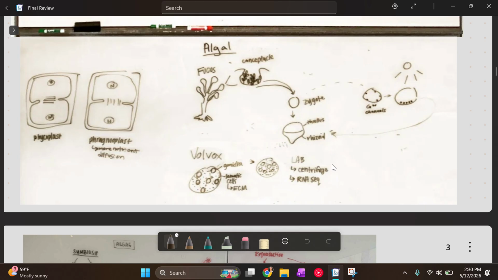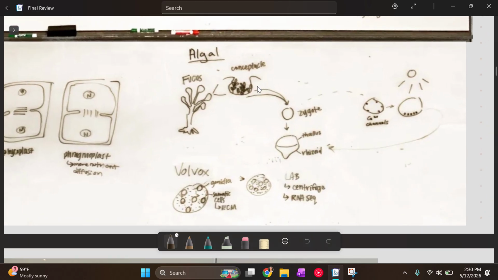You should know, like with Fucus, how the zygote develops. From the zygote you get asymmetric division into the thallus and rhizoid. The thallus becomes the leafy part of the alga, and the rhizoid is the root-like structure that is still part of the alga, but it's not the part that we think of when we think of macroalgae, our seaweed.